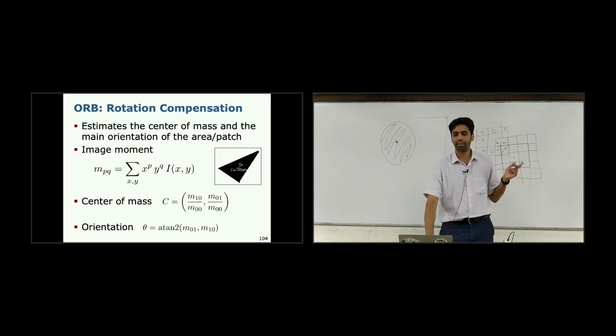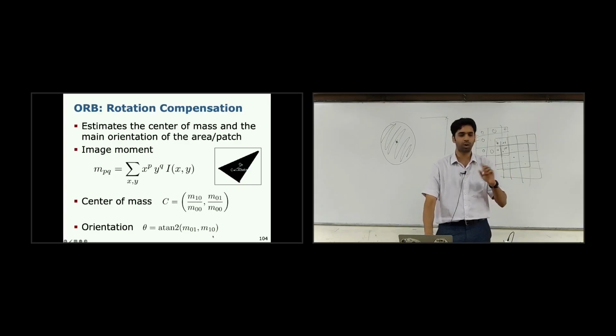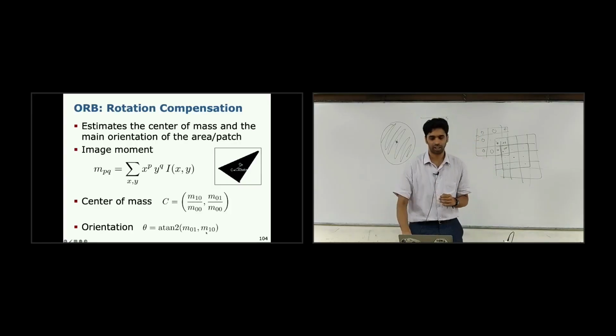Theta can be expressed as the tangent of the 0-1 moment and the 1-0 moment. We won't go into the proof of it, but it's quite nice to see how these formulas come out. If you do the moment 0-1 and moment 1-0 and take the atan of that, you'll get the major orientation of that patch that you have.